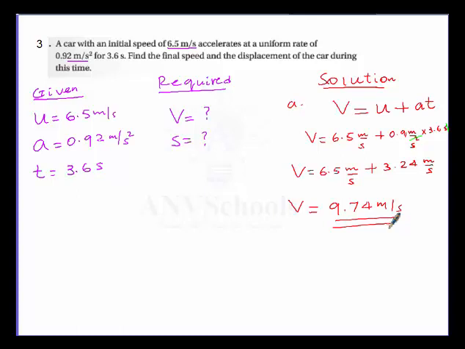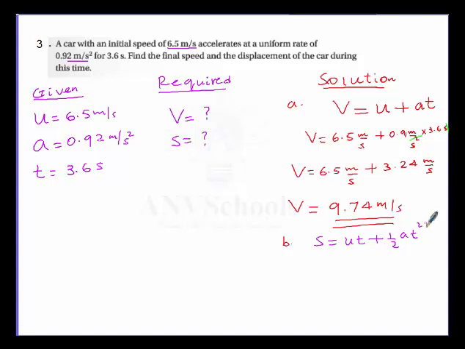seconds. Now let's find the total displacement traveled by the car, I'll call it B. Displacement, or the total distance traveled, can be calculated using the formula ut plus 1 over 2 at square. I can use this formula because I know the initial speed, t and a. So everything is given.